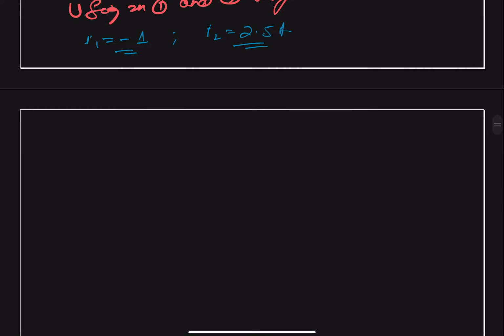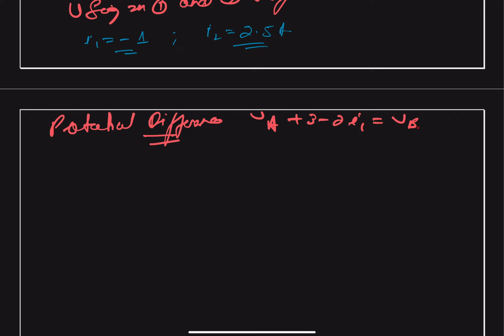So we can write that potential difference, which is our... for that we can write the equation, and that will be our VA plus 3 minus 2I1 is equal to our VB.